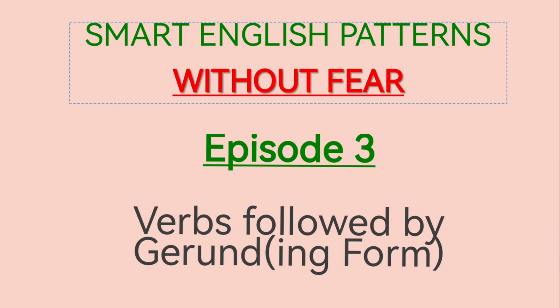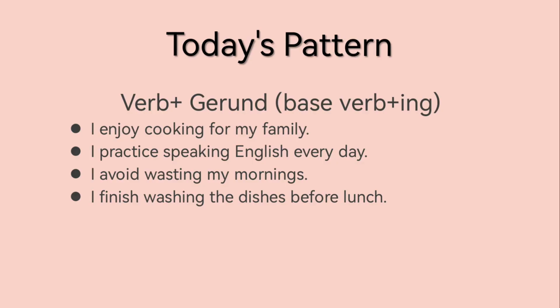Actually, gerund and infinitive is one of the most confusing areas of English for learners. In this video, we will learn the most important speaking pattern, verbs followed by gerund ing form. Today's pattern is verb plus gerund, base verb plus ing.